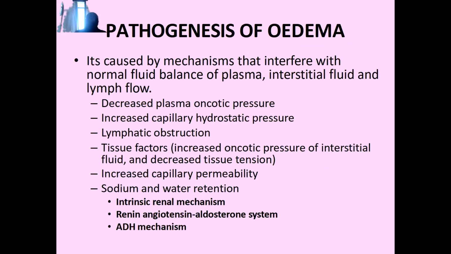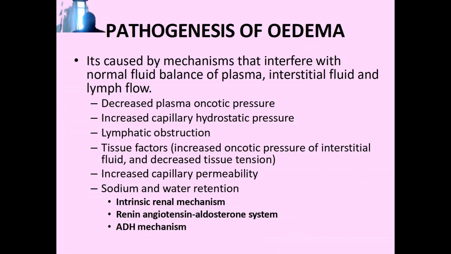Now, let us look at the pathogenesis of edema. The mechanism is that there is interference in the normal fluid balance of plasma, that is the blood, the interstitial fluid, that is the fluid in between the cells, and the lymphatic flow. You remember that lymphatic flow drains to the heart.